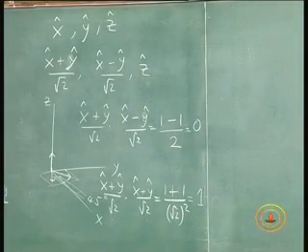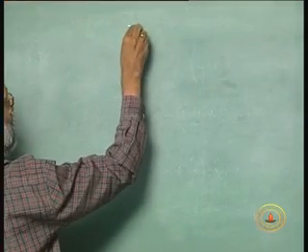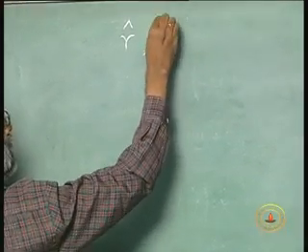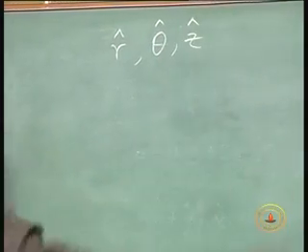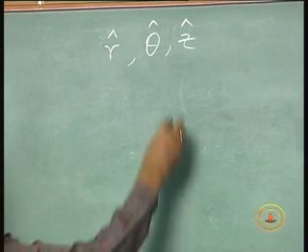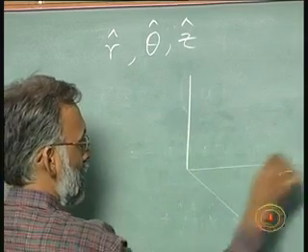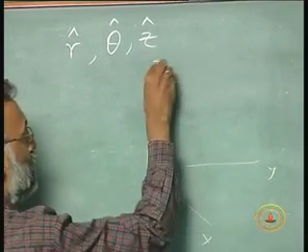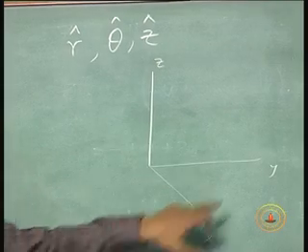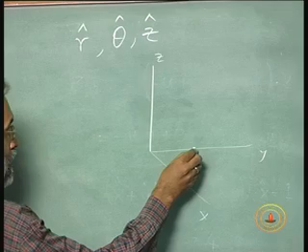What about some other systems? Here is one that you should be familiar with. This is what is called the cylindrical coordinate system. So, this is a system where I have the z axis, but instead of x and y, I now choose to think in terms of circles.